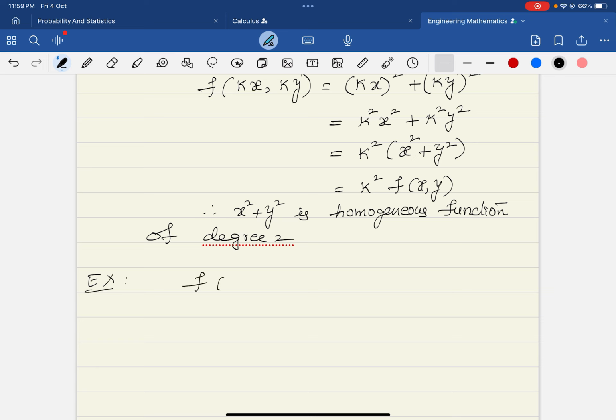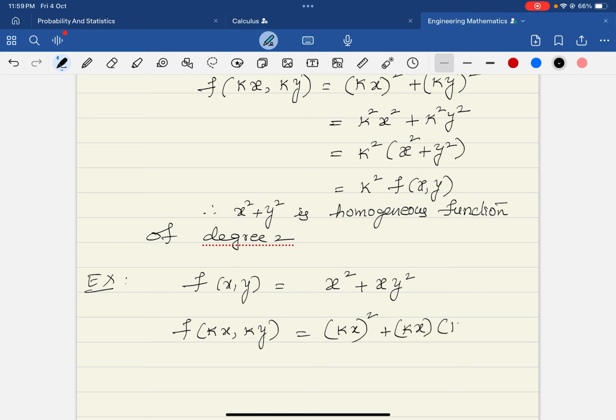Let us check this. Suppose f of x comma y is given as x square plus x y square. Let us check whether it is homogeneous or not, and then find out the degree. Again replace x by kx, so it is (kx) whole square, and replace y by ky, so (ky) whole square.